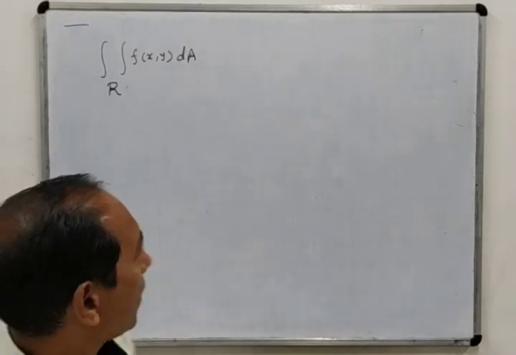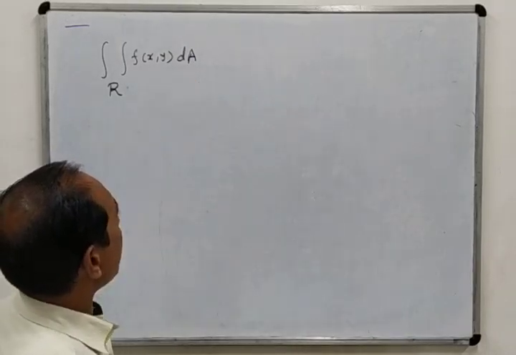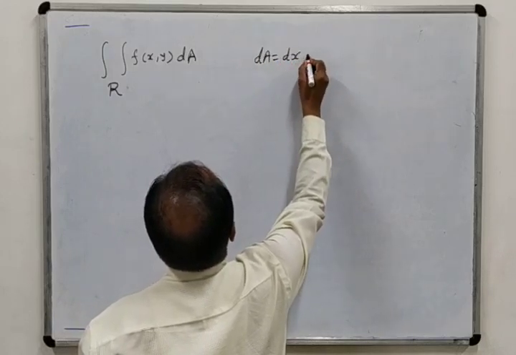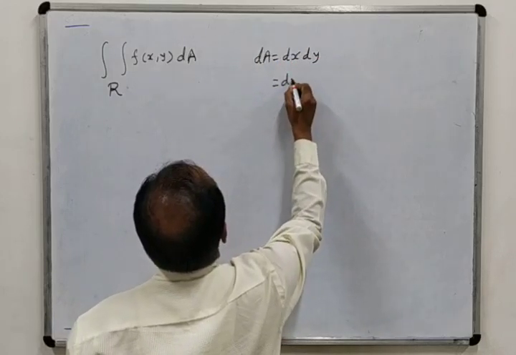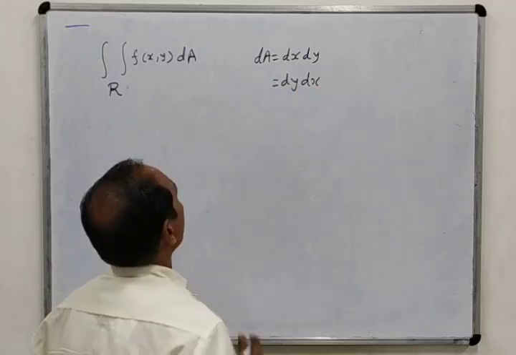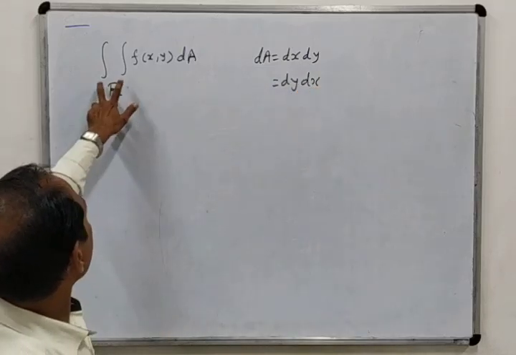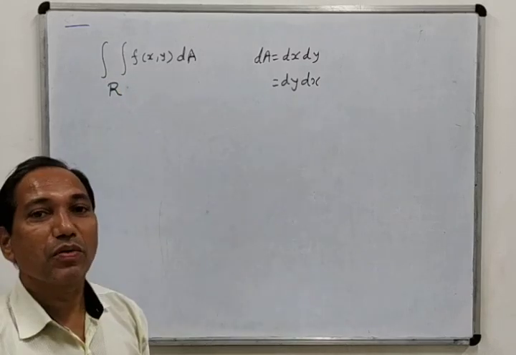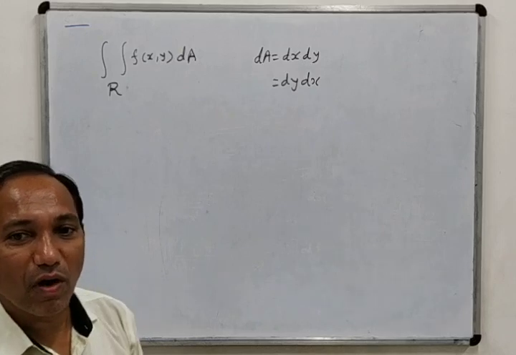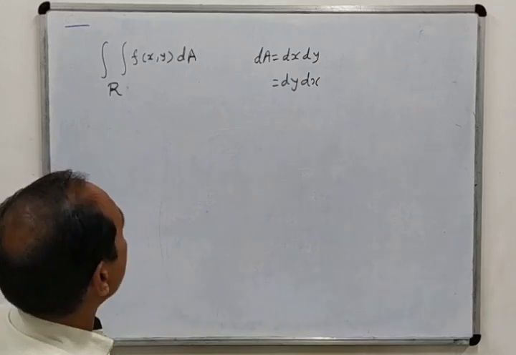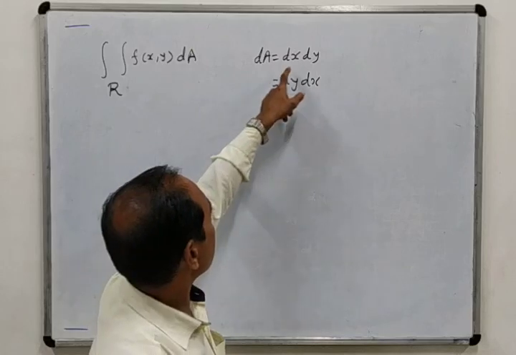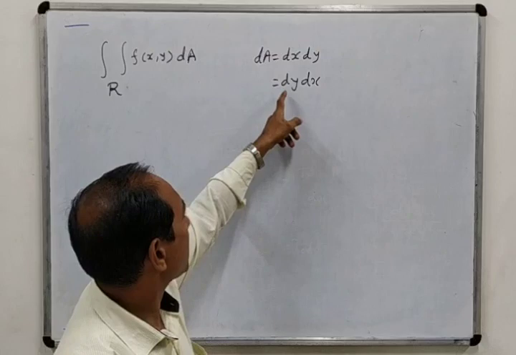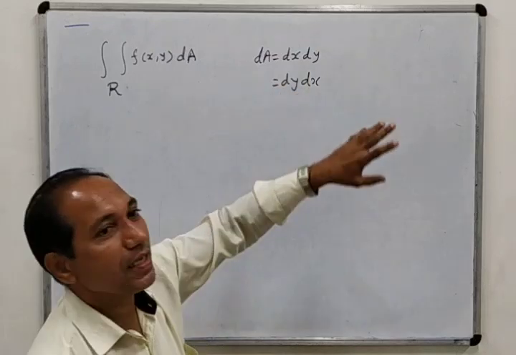So first of all, note what dA is. dA here is either dx dy or dy dx, depending on whether we want to integrate first with respect to x or first with respect to y. If we want to integrate first with respect to x, we write dA equal to dx dy, and if first with respect to y, we write dy dx.